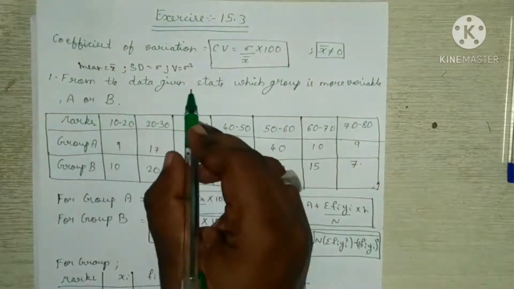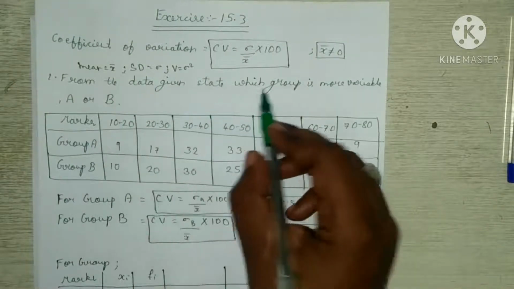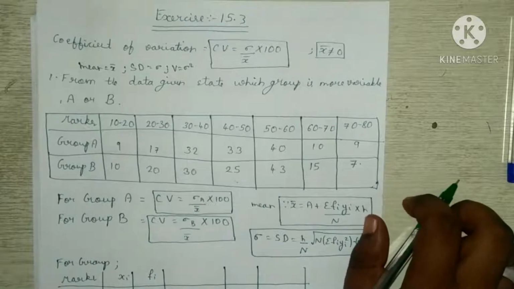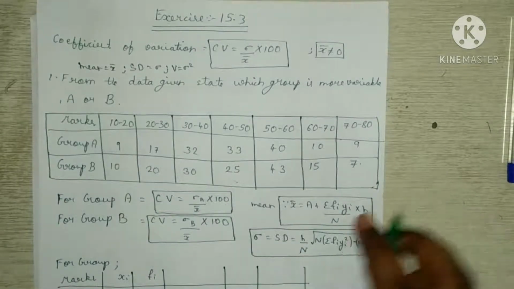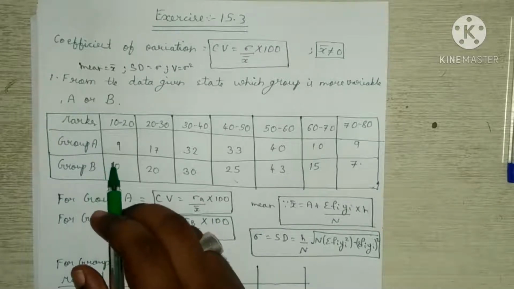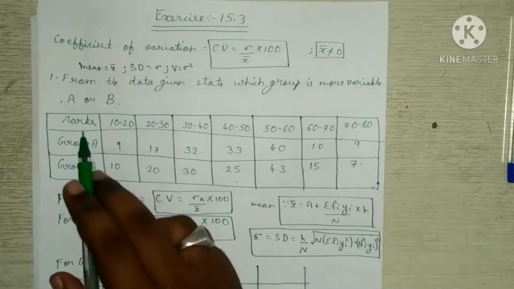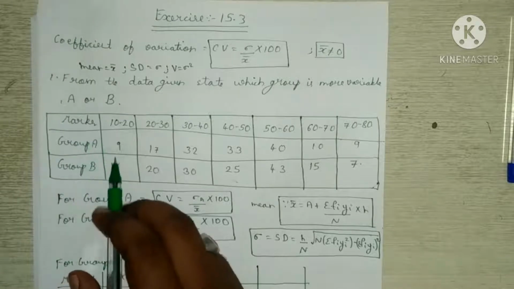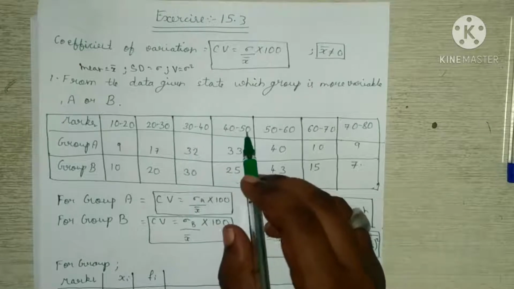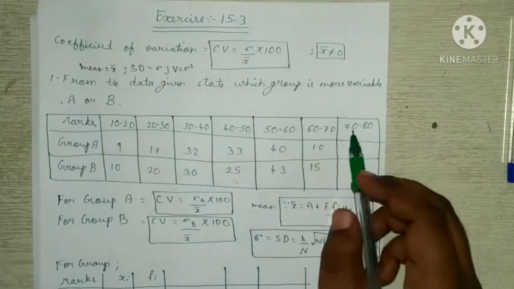From the data given, state which group is more variable. There are two groups, group A and group B. Marks obtained are 10 to 20, 20 to 30, 30 to 40, 40 to 50, 50 to 60, 60 to 70, 70 to 80.